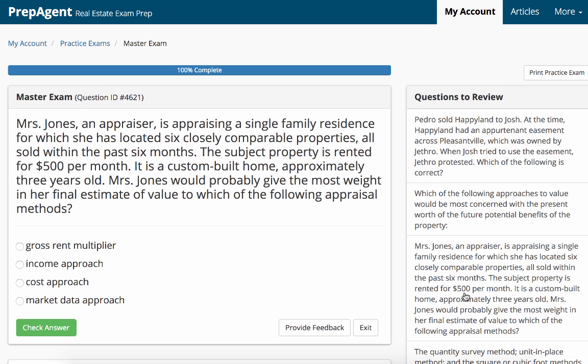This one, I got tricked with first comparable properties, and then I went to 500 per month. That's great, because I can totally see why that's confusing. On one hand, it's mentioning it's a single-family residence, and then it's also saying how much it rents for. So what do you think the answer is?